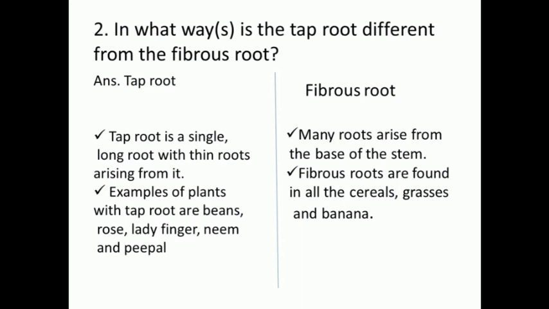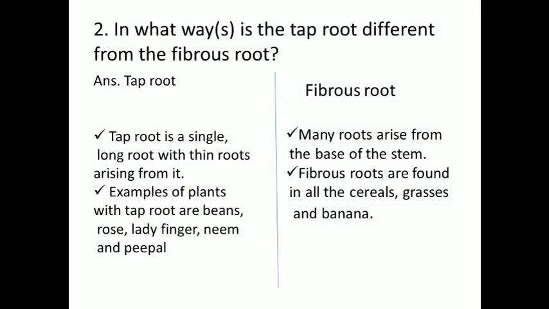The answer is, taproot is a single long root with thin roots arising from it, and in fibrous root many roots arise from the base of the stem. Now examples of taproots are beans, rose, ladyfinger, neem and peepal. Whereas the examples of fibrous roots are found in all the cereals, grasses and banana.